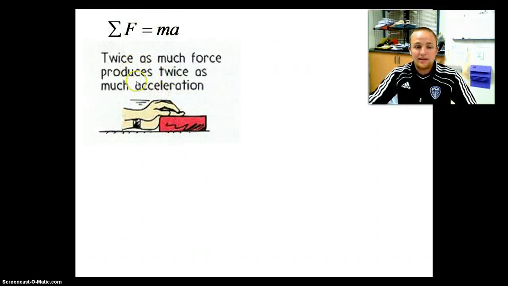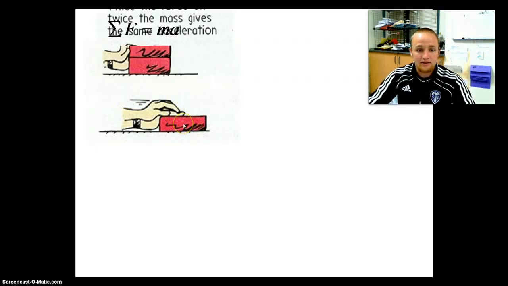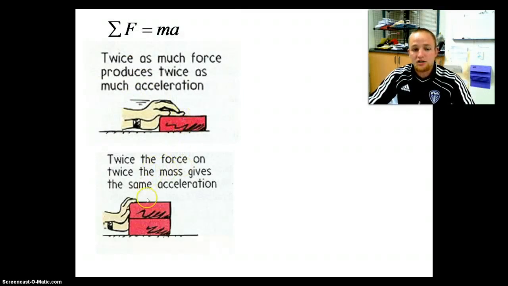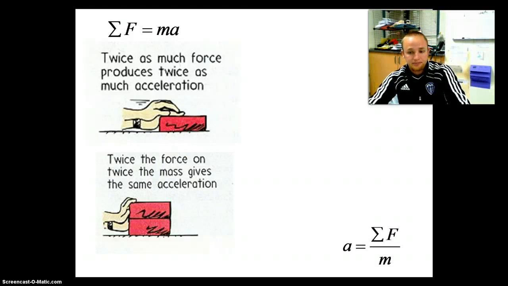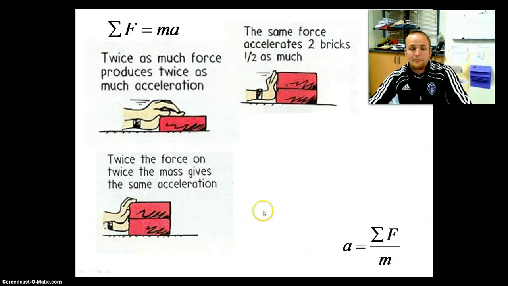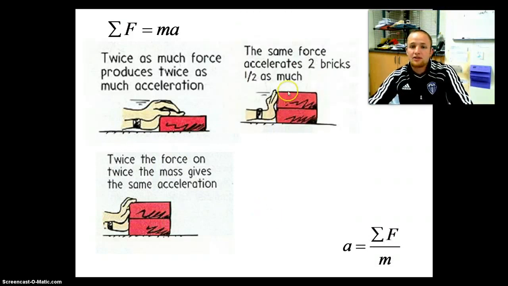This tells me that twice as much force produces twice as much acceleration. That makes sense, as long as my mass is constant. Twice the force on twice the mass would give me the same acceleration. The same force accelerates 2 bricks half as much.